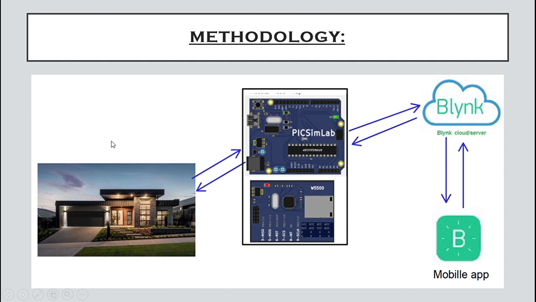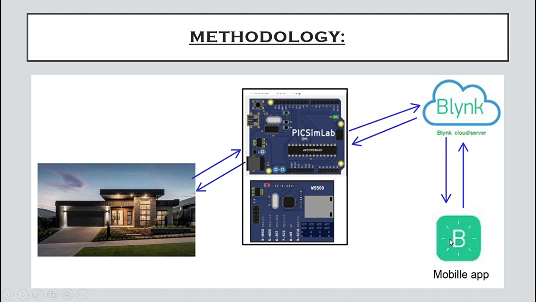The methodology of the project is, first we set up an output layout, and then we connect it with an Arduino board, and the Arduino board is connected to the Blynk console to do an operation, and then the Blynk console is connected to our Blynk app on a mobile.